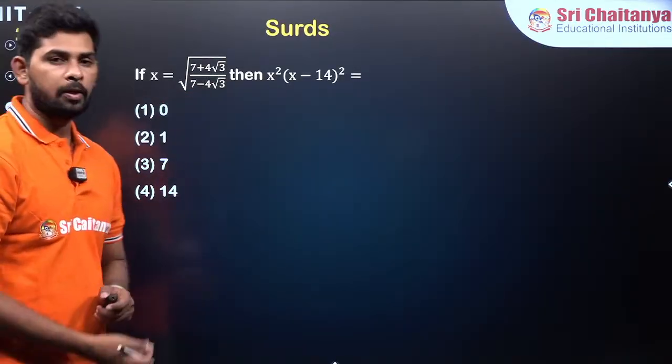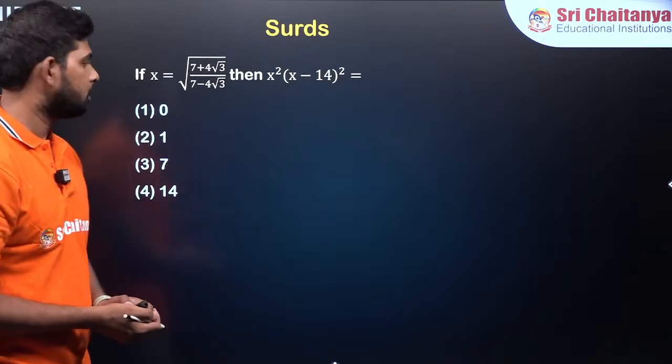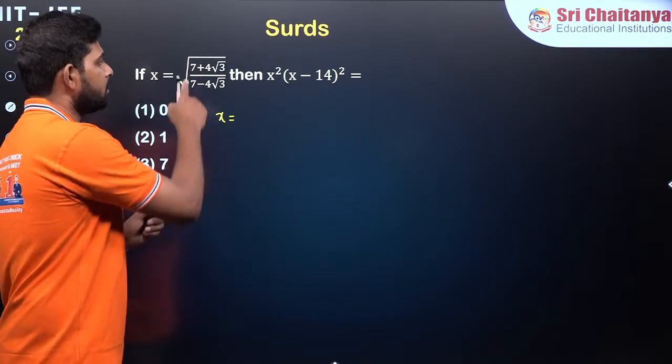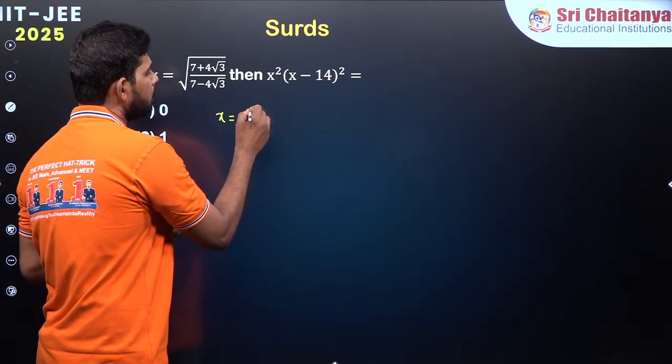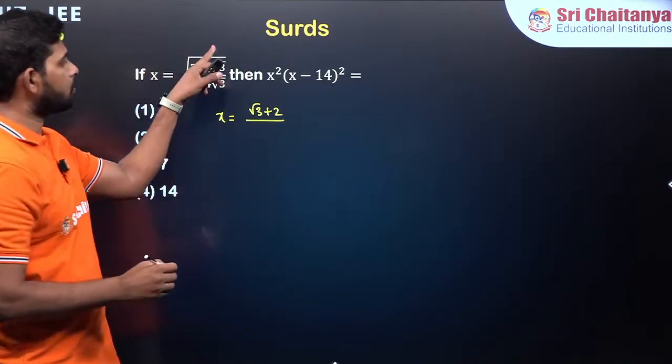You are going to use the rationalizing factor as well as the square root of a number. Right? So x is equal to, I am writing here the numerator as, already we have solved this question, that can be written as root 3 plus 2 whole square, and in the denominator, that square root is getting cancelled.